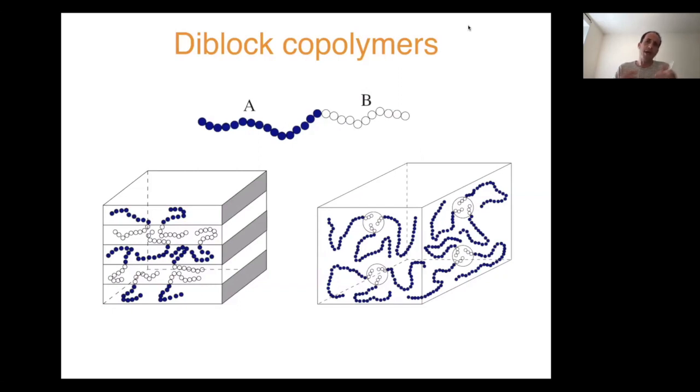So all the A ends want to be together, and all the B ends want to be together, but they cannot, because they also have to stick together in a molecule, and this leads to pattern formation. And that is what I'm particularly interested in.